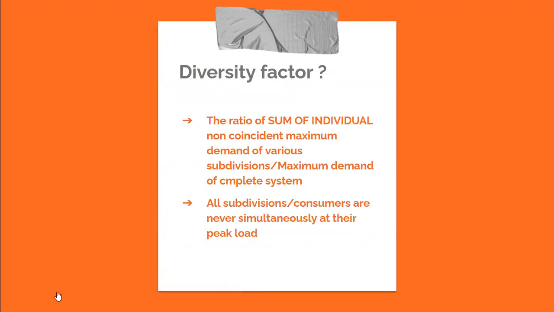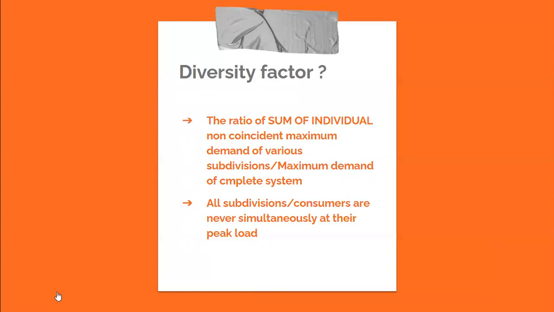To give you a concise definition of diversity factor, don't worry, even if you don't understand this definition, it would be clear as I give you the example. Diversity factor is basically a ratio. Obviously, when you are talking about a ratio, it would have some term in the numerator and some term in the denominator. What is in the numerator is the sum of individual non-coincident maximum demands.